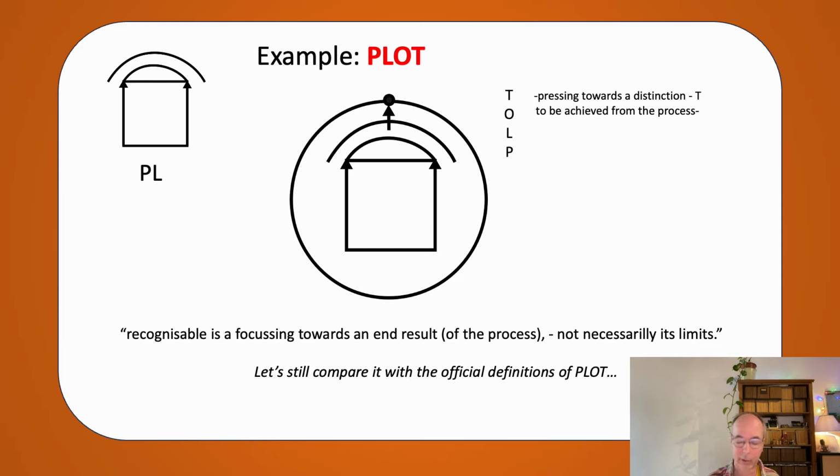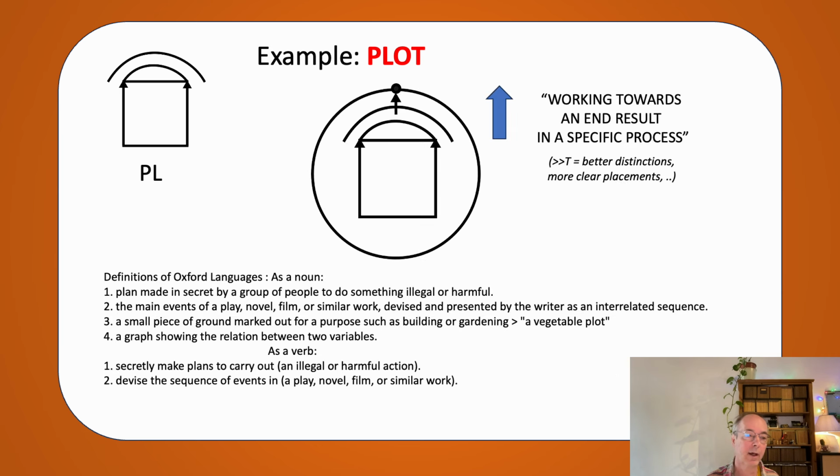If we compare it with all the definitions of plot, let's do that. I used the Oxford Languages reference. I have here: the plan made in secret by a group of people to do something illegal or harmful. Or the main events of a play, a novel, or film, and so on. So a sequence, so that you have an idea of what the whole sequence of events is.